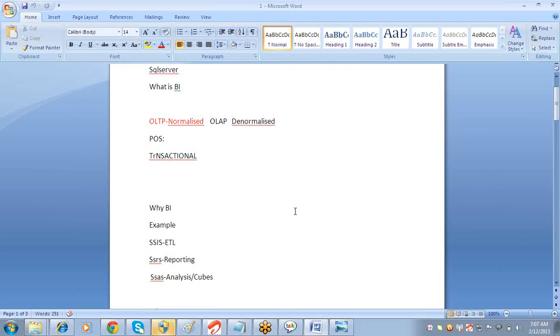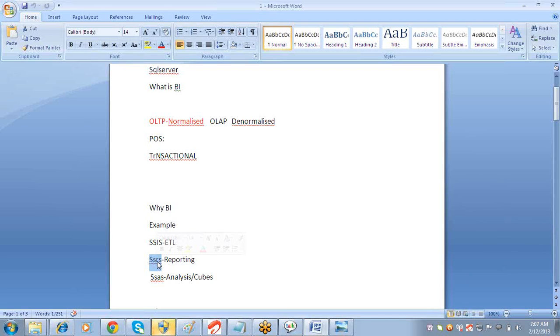So what we'll do is we'll start with SSRS, and we'll see all the features which are available in SSRS, and the tools and the different kinds of reports which we can build using SSRS. And we'll actually build the SSRS reports on AdventureWorks DB.